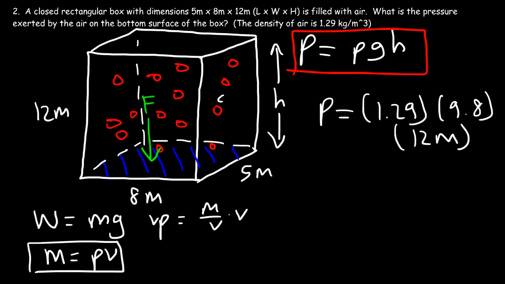If you want to find the pressure at this point, that might be maybe 5 meters deep relative to the top surface. So the pressure is 151.7 pascals.